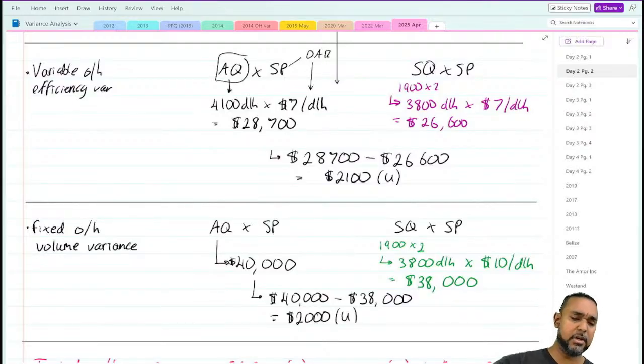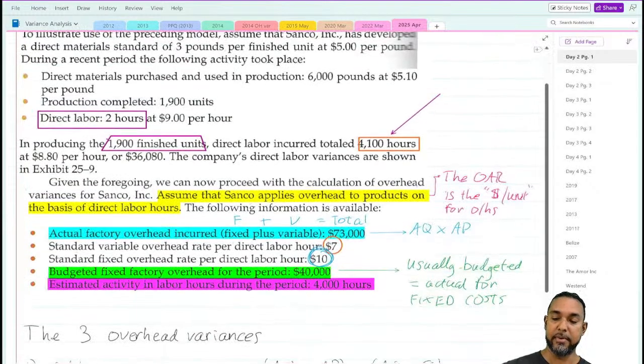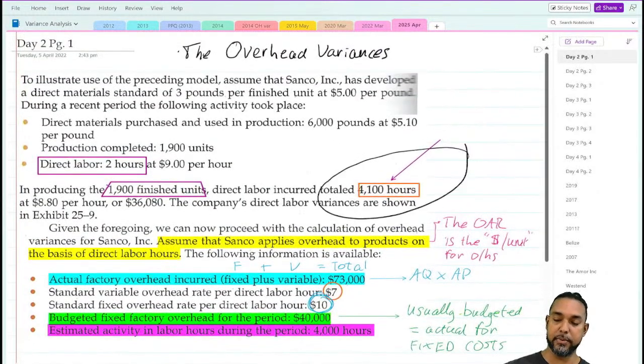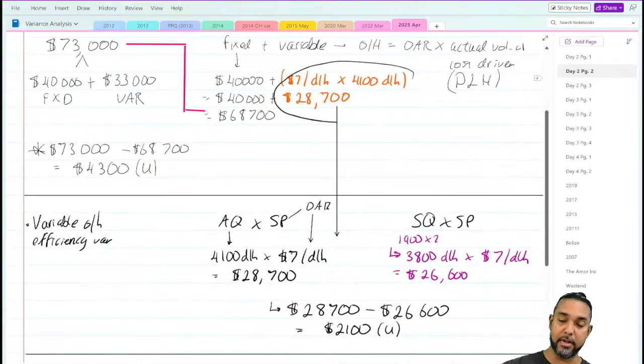Actual quantity, well, what is the basis upon which we are applying overheads? Direct labor hours, that's the part in the yellow. And how many direct labor hours did we actually use? 4,100. 4,100 by 7 is the same 28.7. That was already gotten on top of here, so you could just pull it from there.